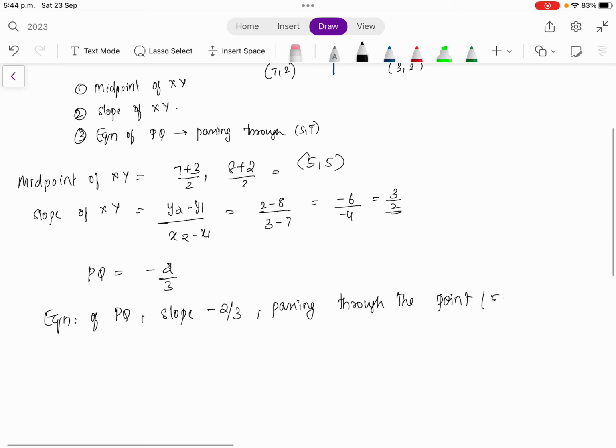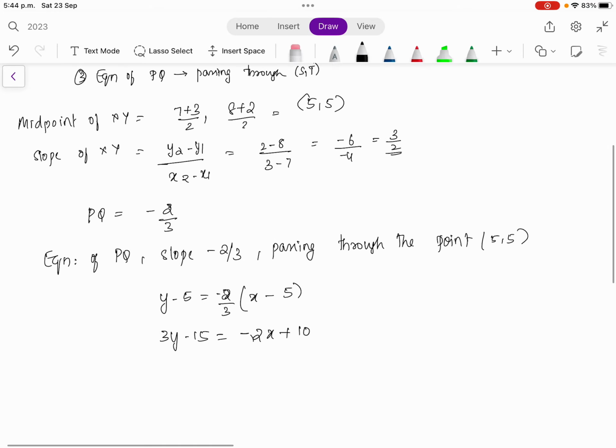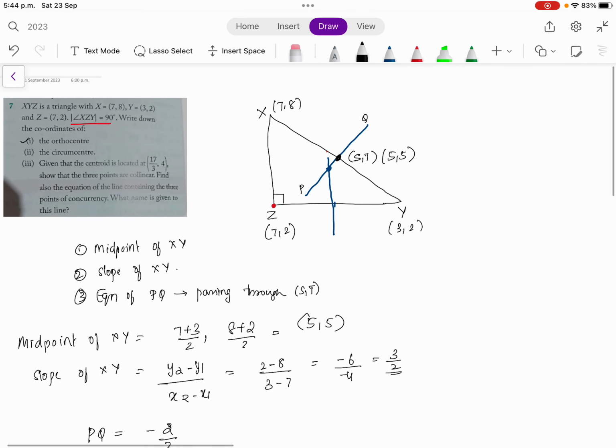So y minus 5 equals minus 2 over 3 times x minus 5. Cross multiplying, 3y minus 15 equals minus 2x plus 10. Bringing the 2x to this side, 2x plus 3y equals 25. This is the equation of the line PQ.